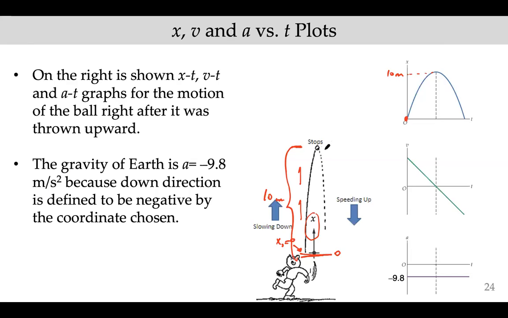Because it's falling down, the maximum is 10 meters, then it would start decreasing like 9, maybe 5 meters, and then 1 meter, and then it goes back to 0 again, which is this point. So this is how you interpret the graphs, or if you are given the motion and the coordinate system, then you can always draw these graphs with respect to the coordinate system.